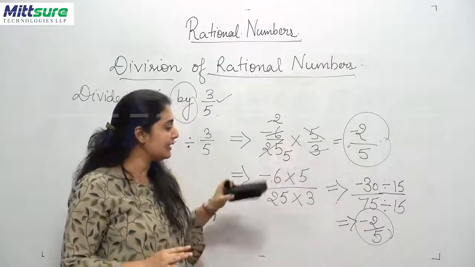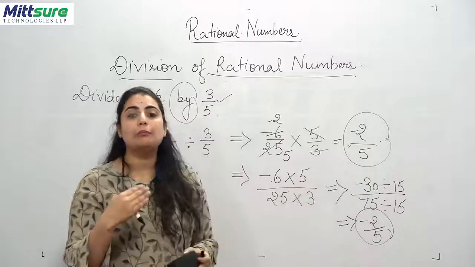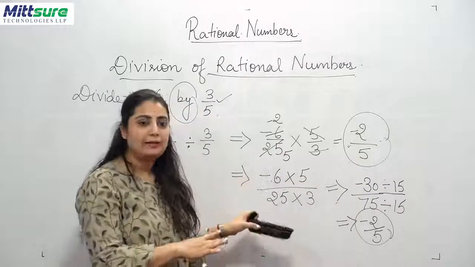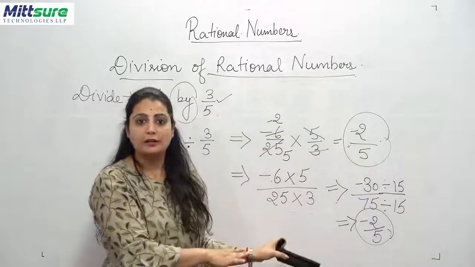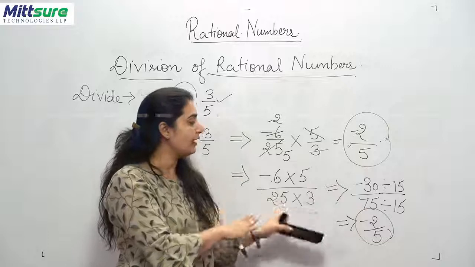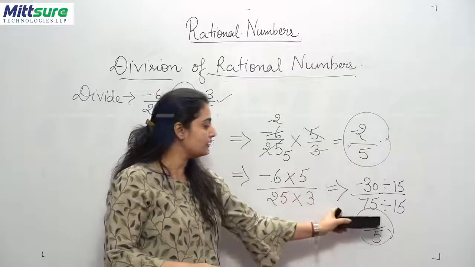But in the next case, what is happening? First you are multiplying, you are doing double labor. First you are multiplying, then you are dividing, then you reach the final product, final quotient or final result, which says minus 2 upon 5, minus 2 upon 5.